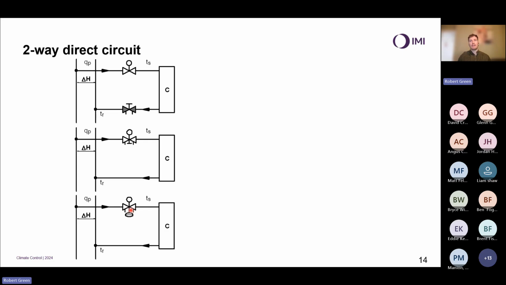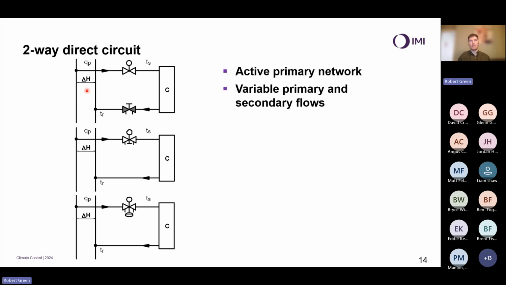So in the case of my direct circuit, we have an active primary network. We have an available pressure driving flow through this network. Therefore, we're classifying as active. In the case of the flows, we have variable primary and secondary flow.